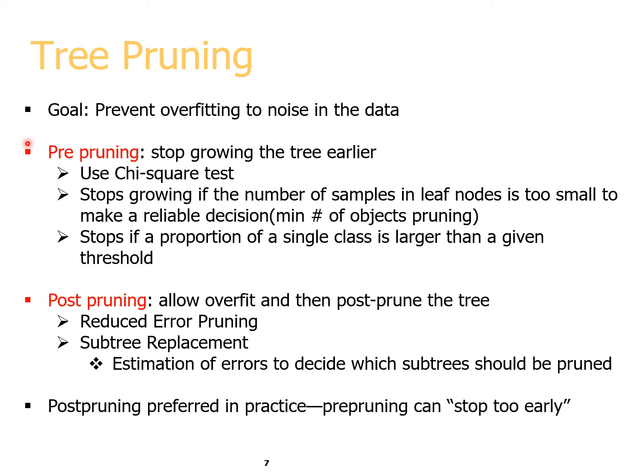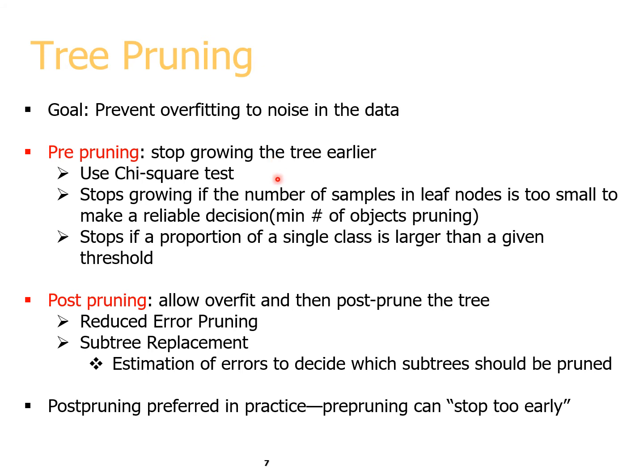Specifically, pruning is done when you insert an attribute into the decision tree. You select an attribute by using information gain or gain ratio, and then you insert the attribute into the decision tree.